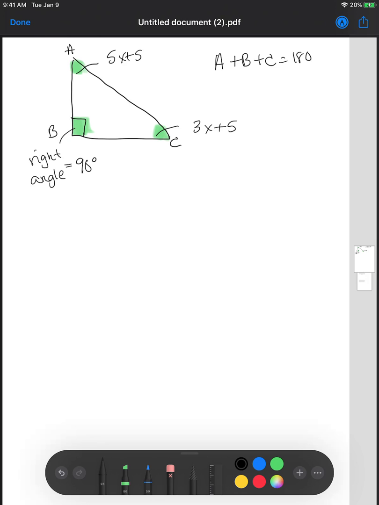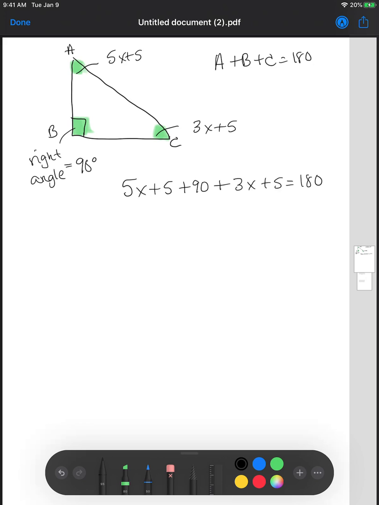I'm going to start off with A, I got 5x plus 5. And then I have angle B, which is 90. And then I have angle C, which is 3x plus 5, equals 180.